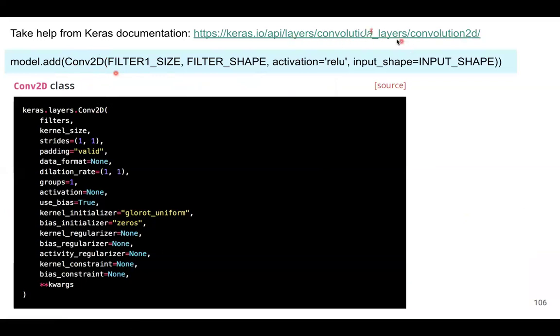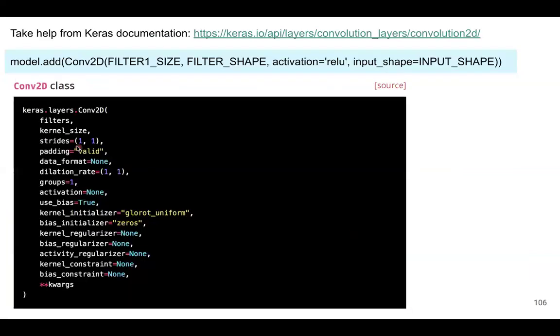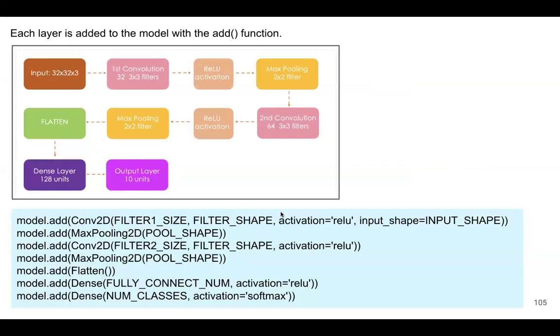This is the Keras documentation about convolution 2D. And you can see here that the stride is already mentioned. That is why you didn't have to mention any stride related information here, because it is already mentioned, and unless you want to change it, there is no need to mention. Also same for padding. Valid padding, which means no padding, is the default choice, and you did not change that here, so it will use valid padding.